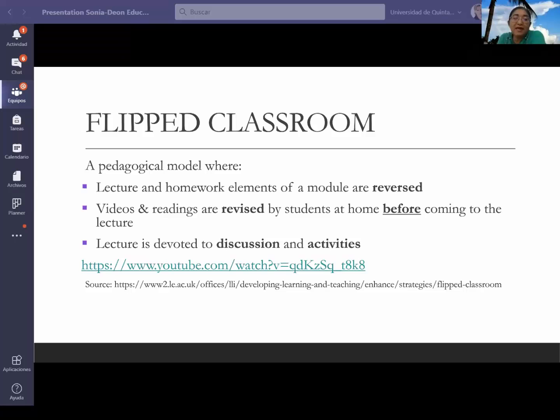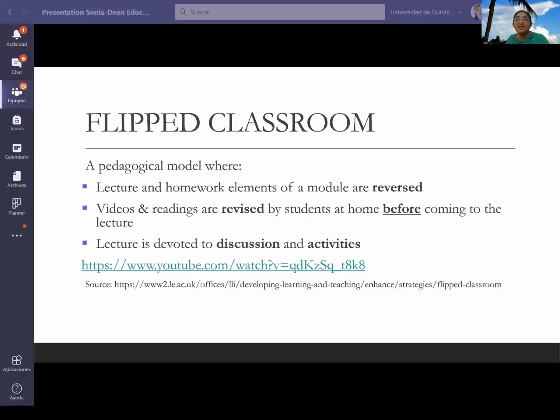But this is what flipped classroom is about, okay? It says it's a pedagogical model where the lecture and homework elements of a course are reversed. Usually we do all the activities in the class and then we leave the homework, and the homework is the practice that the student does at home. Here it is the other way around.